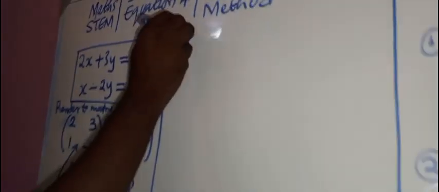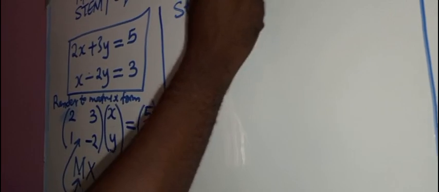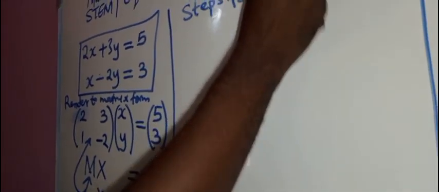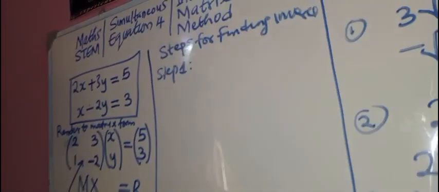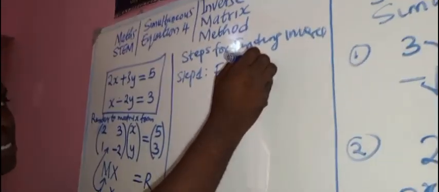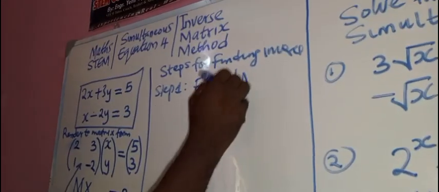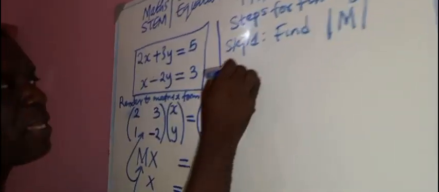Now, steps for finding inverse. It has steps. Step 1. Please take note. Step 1: find the determinant of M. This is the symbol for determinant, two strokes with M in between. So let's find that.